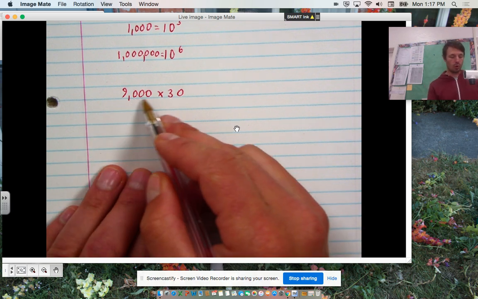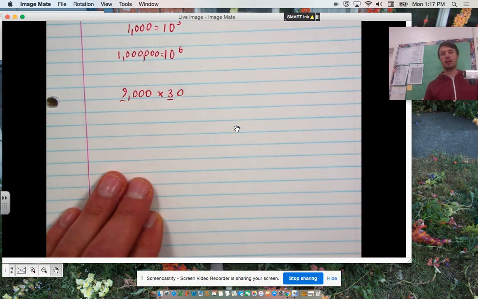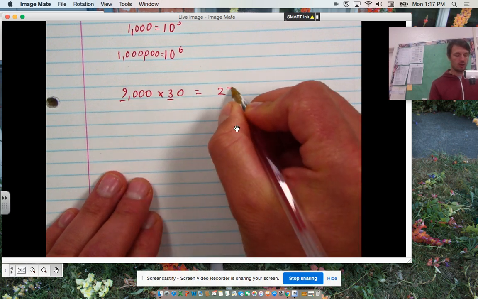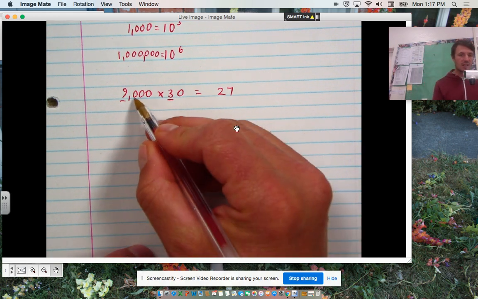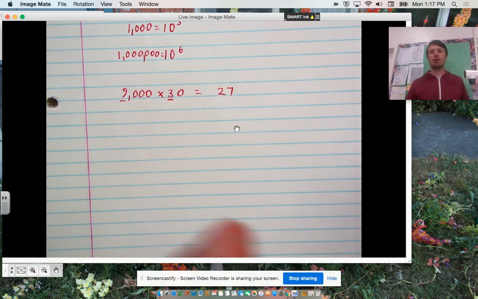You don't have to worry about the zeros. You can just multiply the non-zero parts of the number. 9 times 3 is 27. As long as you have that multiplication fact memorized, you're good. And then you just have to count all the zeros in both factors. 9,000 and 30 are both factors in this multiplication problem because they're numbers being multiplied.